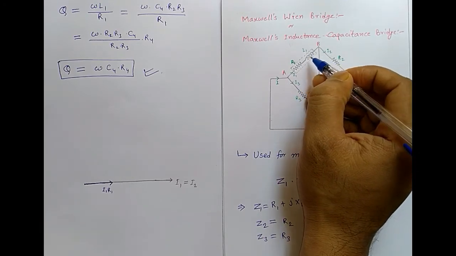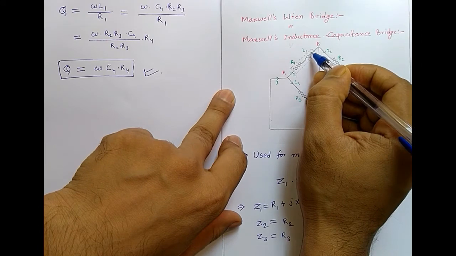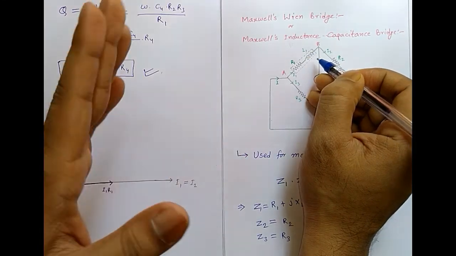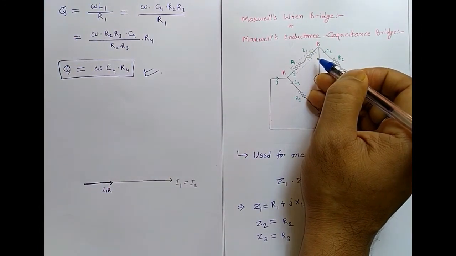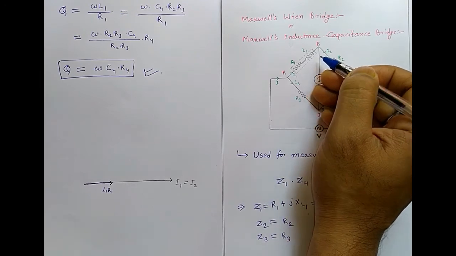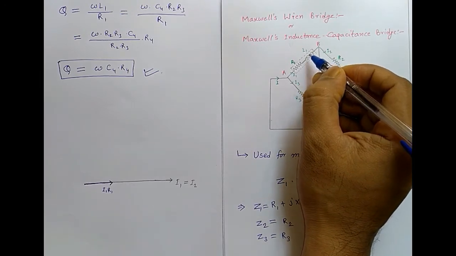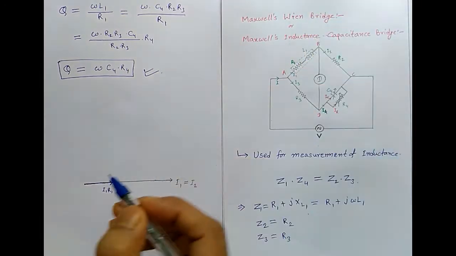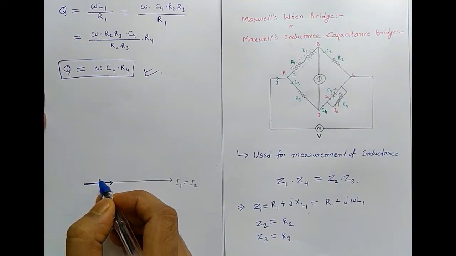Obviously, since in a pure inductor circuit the voltage leads or current lags, it will be in the positive j direction, or positive Y axis.